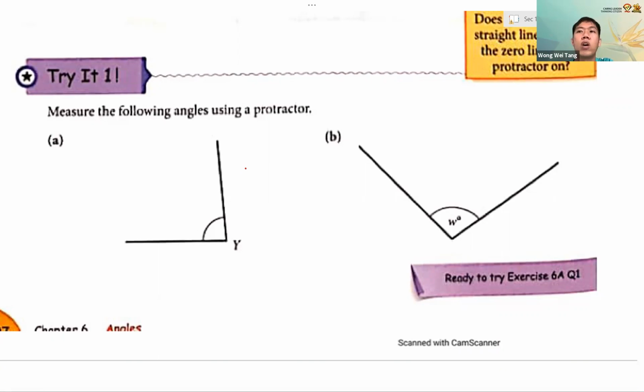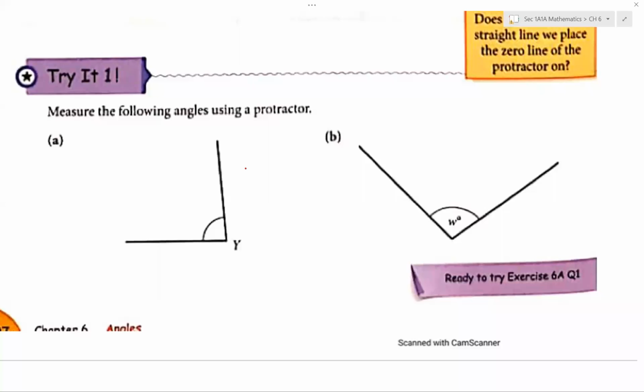Okay, let's see what some of our classmates think. Yan Rui, can you unmute yourself? Yan Rui, are you there? Yes. Okay, Yan Rui, workbook, do you have it with you? Yeah. Are you at page 1?